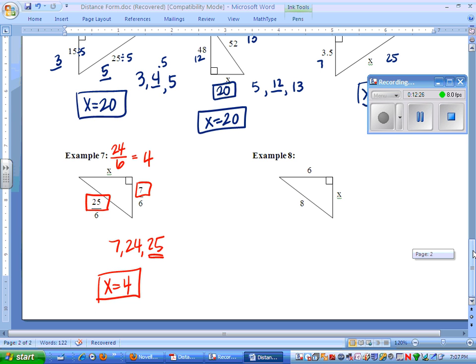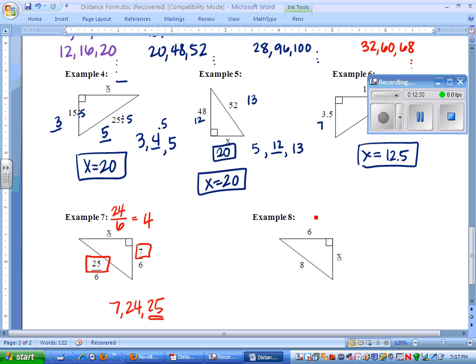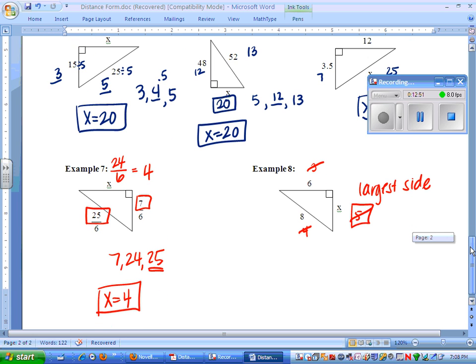And the last one. Be very careful here. This appears to look like a 3, 4, 5 triangle multiplied by 2. However, 5 must be the largest side, or the hypotenuse, and this is not the hypotenuse. So this is not a 3, 4, 5 triangle. In order to solve this one, it's not a triple.